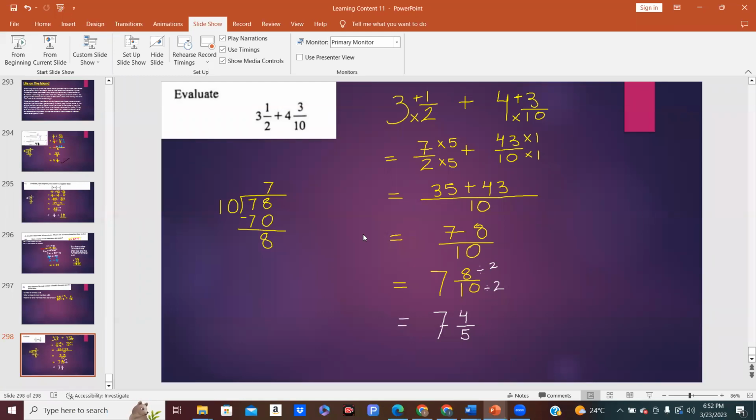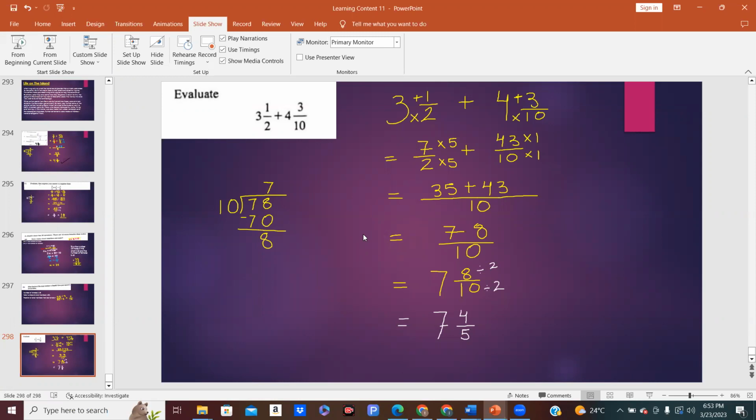Mr. D, for the one you did before, why didn't you simplify 78 over 10 by dividing by 2, like you did with 8 over 10? Yeah, we could. You could do it before or after.